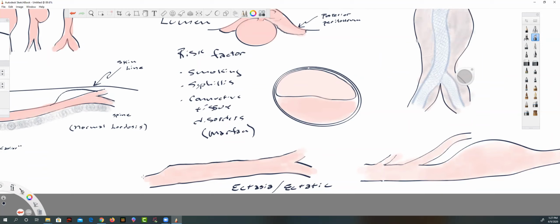So if this is a normal aorta, normal caliber, or is it caliber? Anyway, doesn't matter. I think it's caliber. Normal caliber there, and then we can call this ectatic.